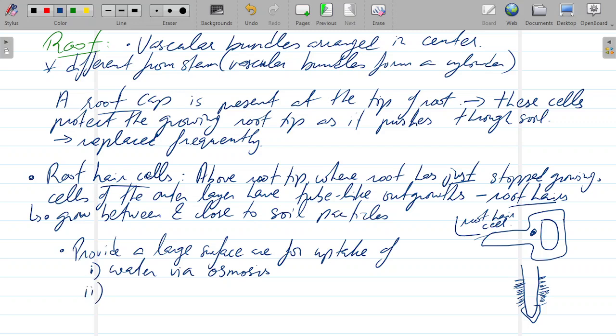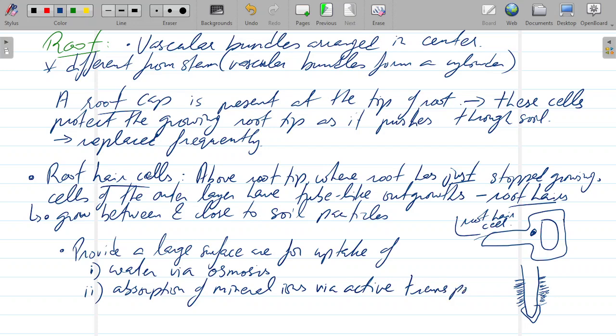And secondly, the uptake of mineral ions, or the absorption of mineral ions, so the nitrates and the magnesium that you mentioned, via active transport.